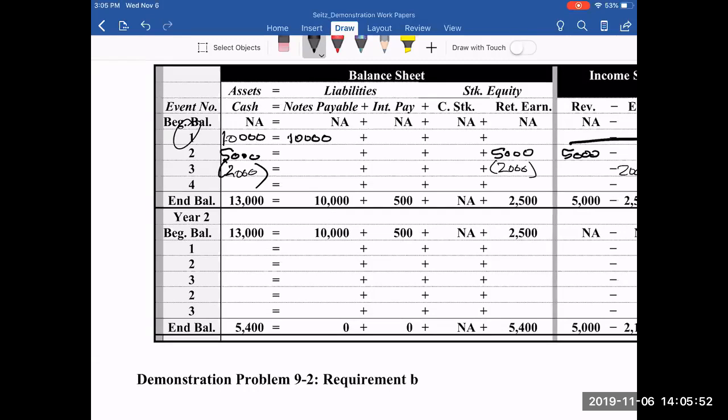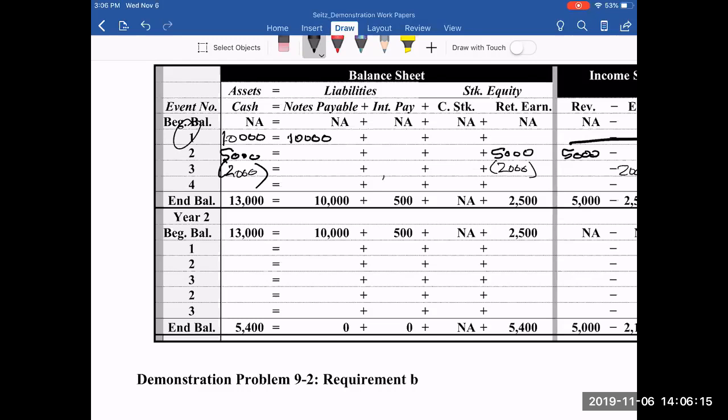So if you divide that by 12 months and you take it times the number of months that are outstanding, we have all of March, April, May, June, July, August, September, October, November, December, that's 10 months. So $50 times 10 months is $500. So I'll write that up there again for you.